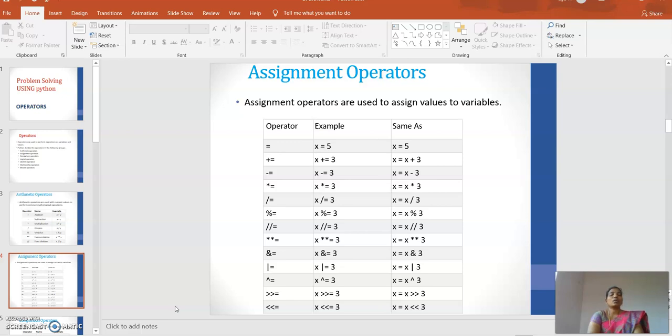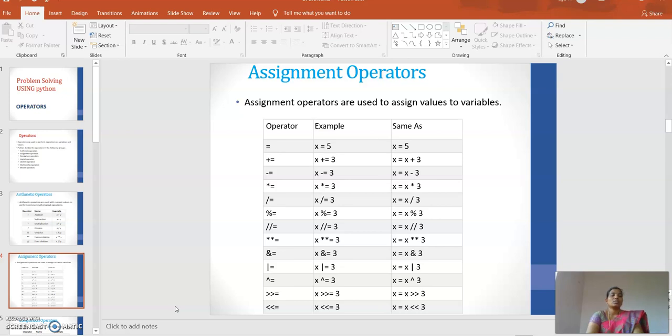Second one is plus equal to, for example x plus equal to 3. It is equivalent to x is equal to x plus 3. So plus equal to is a commonly used shorthand assignment operator, and minus equal to. The example is x minus equal to 3. It is equivalent to x is equal to x minus 3.